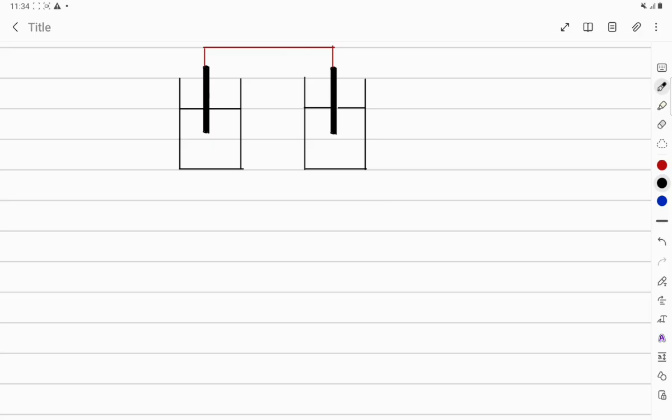So when we usually study a system, we get a combination of anode and cathode. What we usually find from the equations is E0 of the cell as a whole, and to find this we use the electrode potential of the cathode and the electrode potential of the anode.